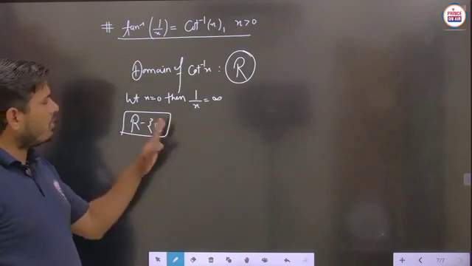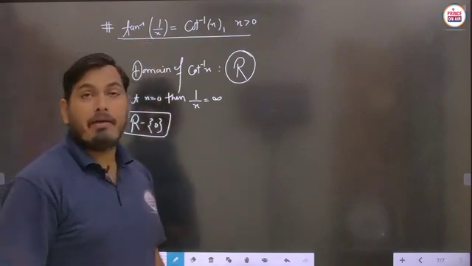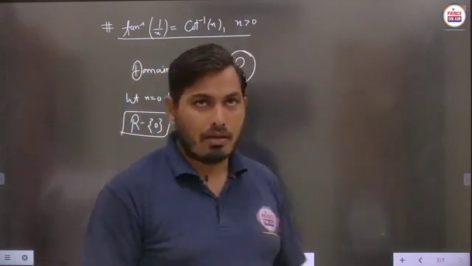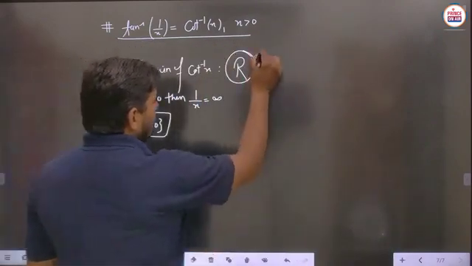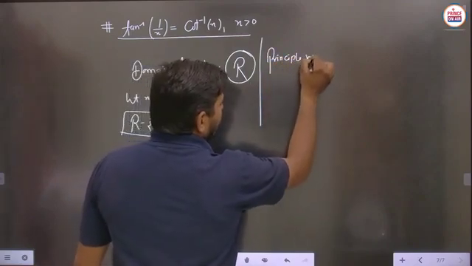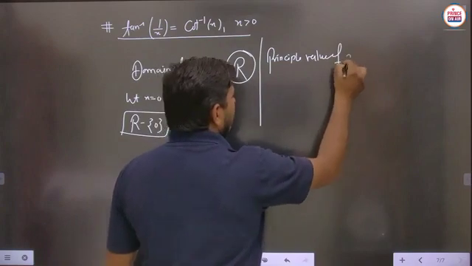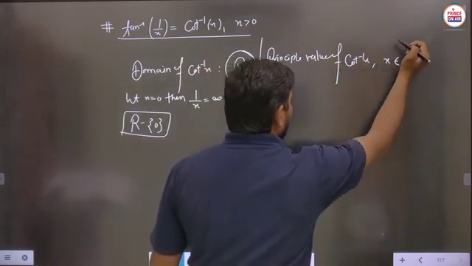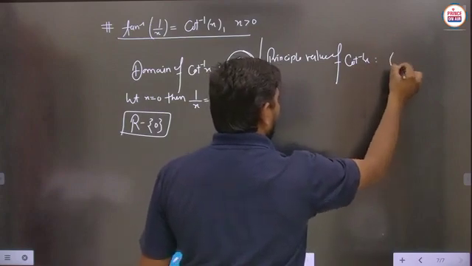You cannot take 0 here, but one more thing, suppose any negative value we have to take. Then the principal value of cot inverse x is defined as the open interval 0 to pi.